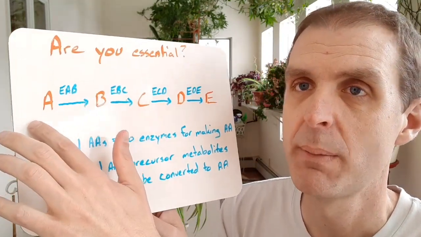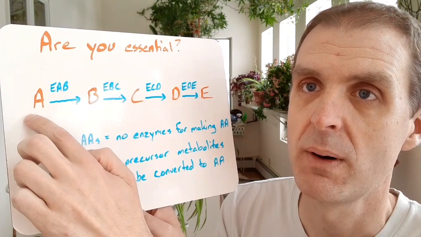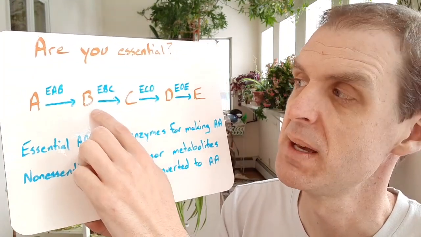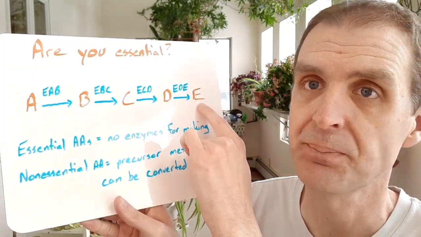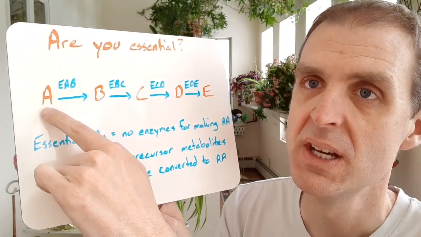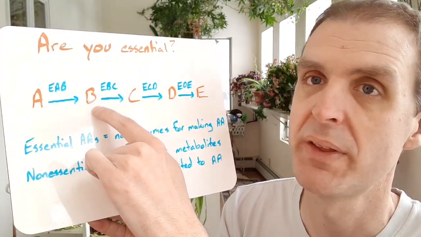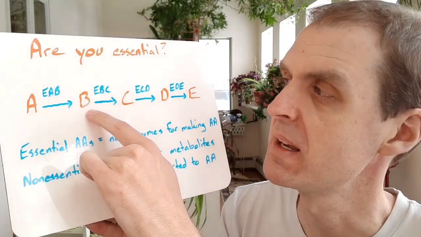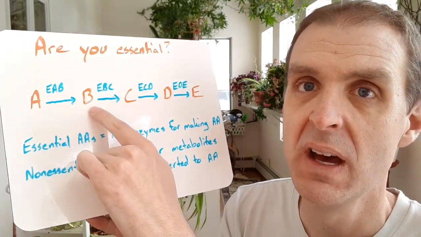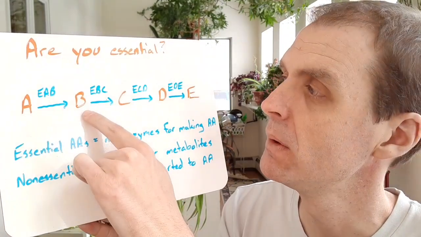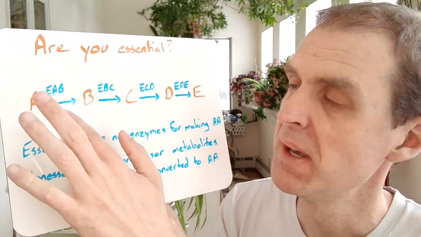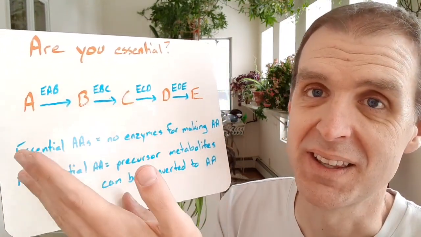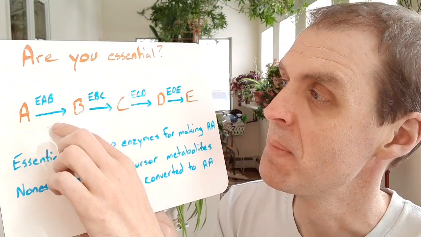Now, we've got a metabolic pathway, a real generic one, where metabolite A goes to metabolite B to C to D to E. And for each of these changes in the compound, whether we're adding something on or taking something off or rearranging the atoms in that molecule, we need an enzyme, or at least to get the process to go fast, you need an enzyme.